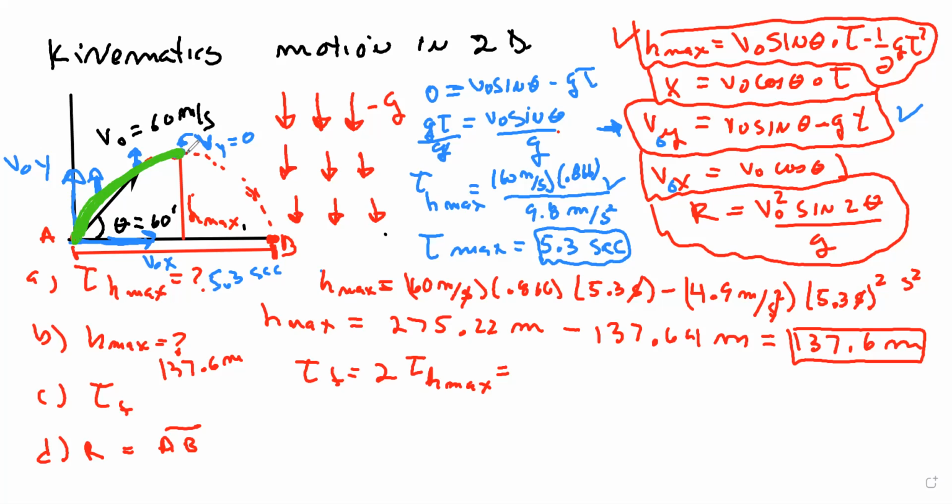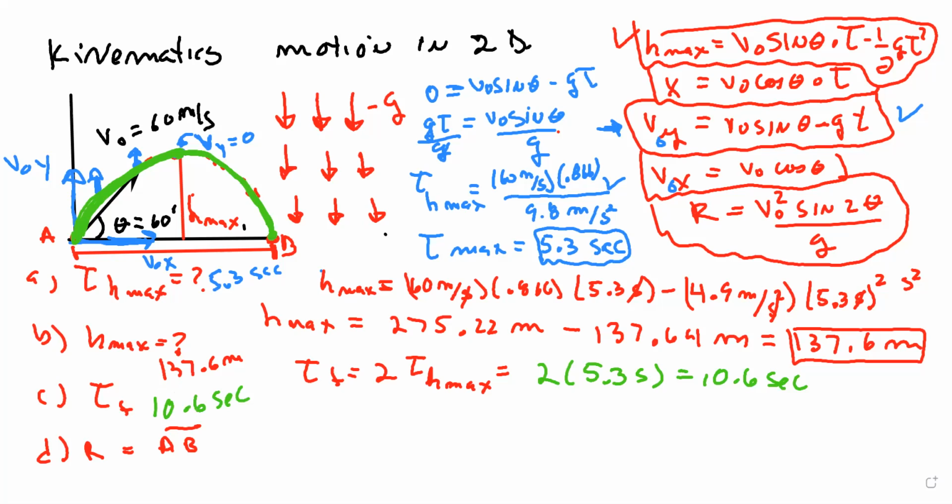And then you go back down, and it takes you the same time to go from the point of the maximum height to the floor over here. So that's going to be twice 5.3 seconds, and that's going to be 10.6 seconds.